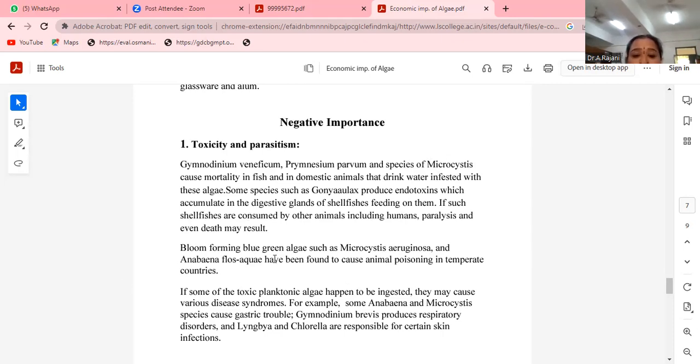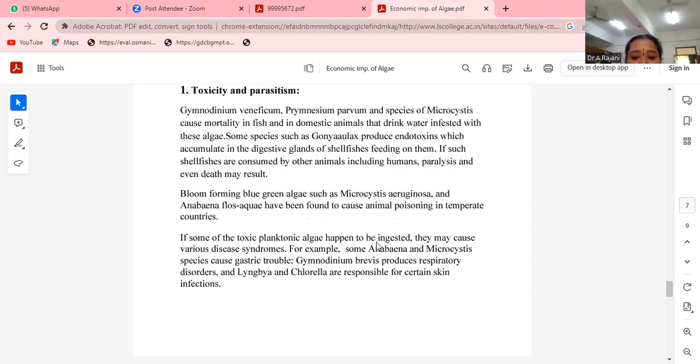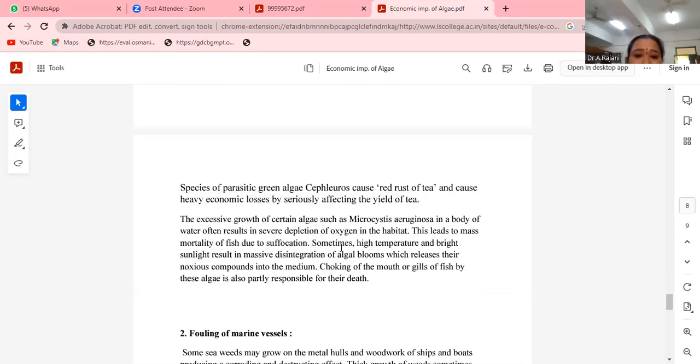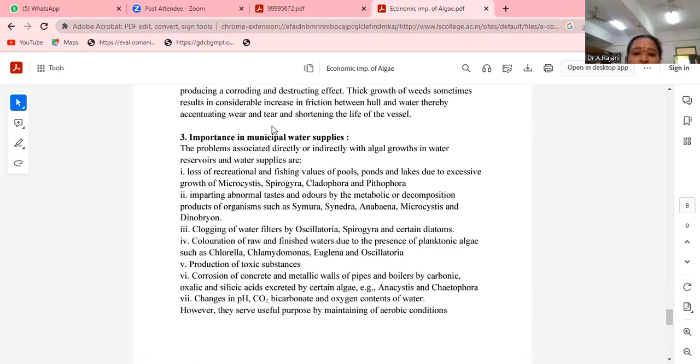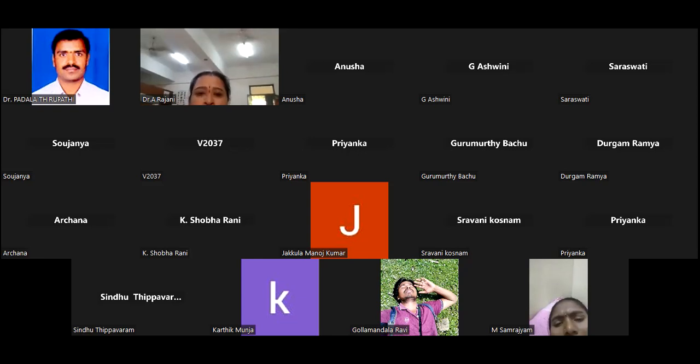Algal blooms are also very dangerous. These cause animal poisoning in some temperate countries. These are the negatives, along with marine vessels and municipal water supplies. These are the economically important aspects of all the algae.